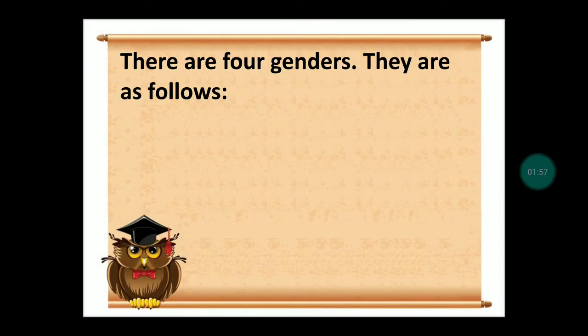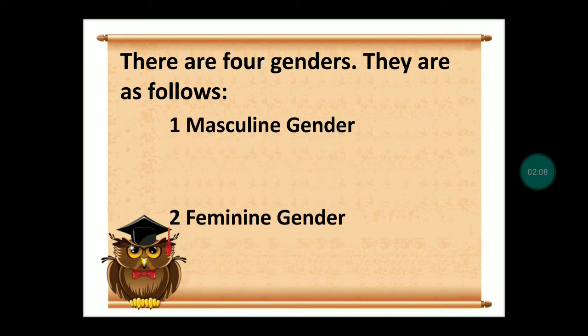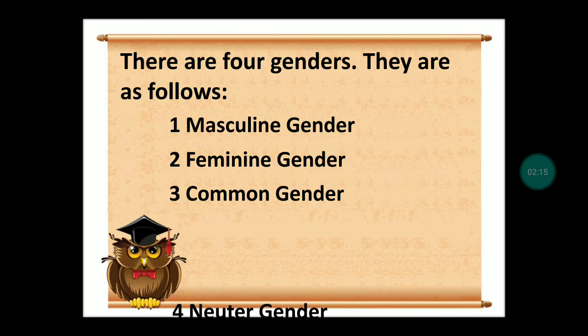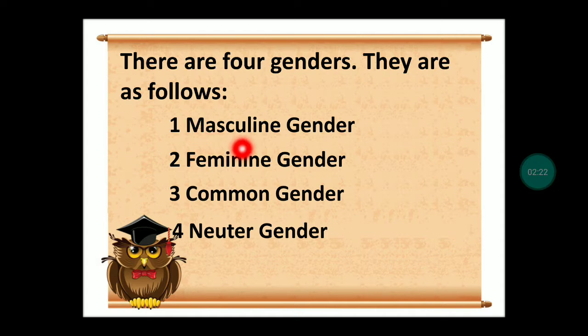The first one is masculine gender, second feminine gender, third common gender, and the fourth one is neuter gender.